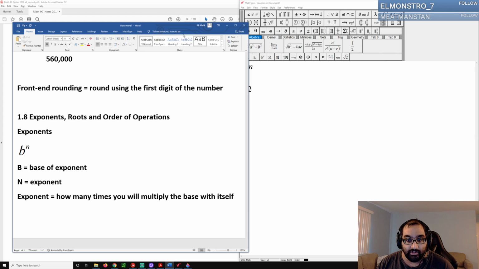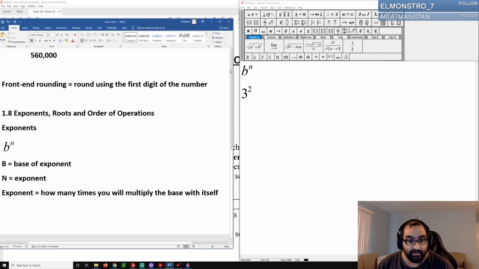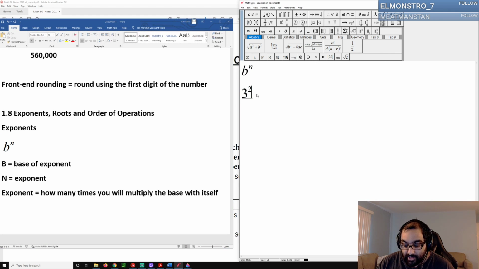So if we look at 3 squared, all that reflects is 3 times 3. We're going to multiply 3 by itself, two times. So you see here, 3 times 3, which is 9. Then you could evaluate it. Same thing if I had, say, 5 to the third power.